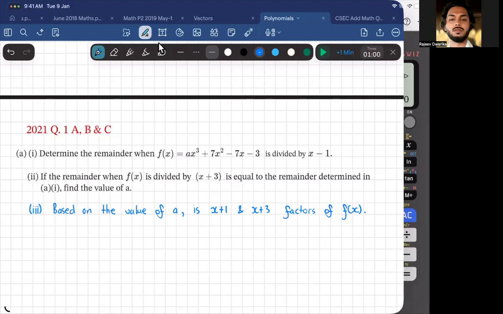No, actually, you're not wrong, but you need to take what f of minus 3 is and do a substitution. So what did you get for f of minus 3?